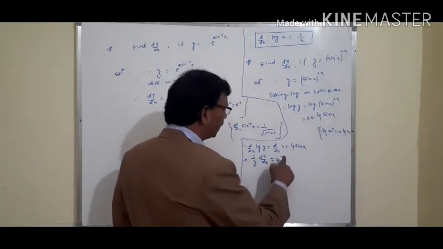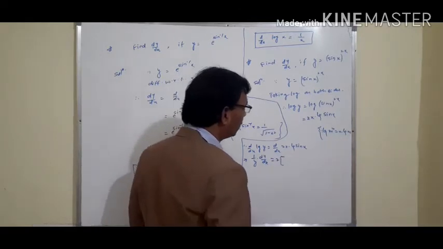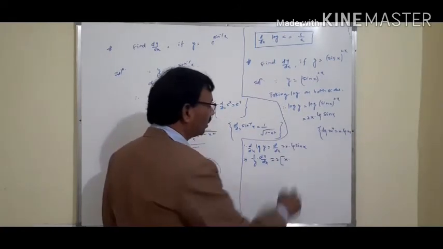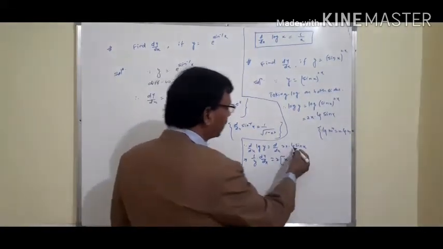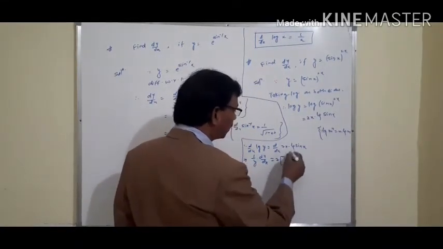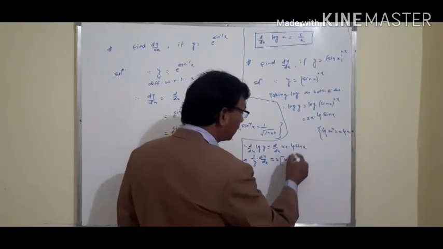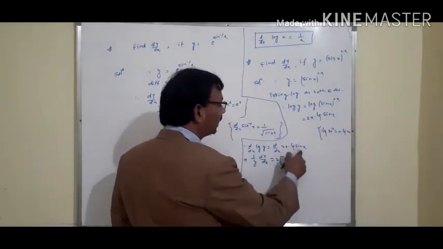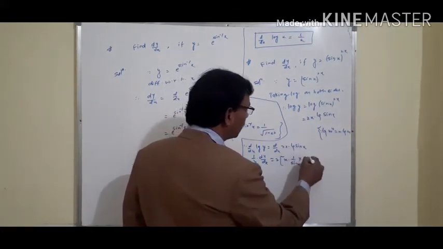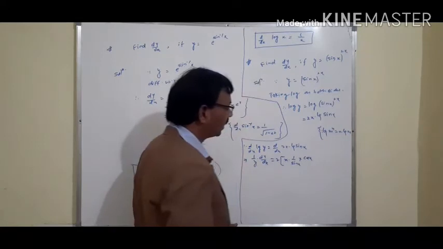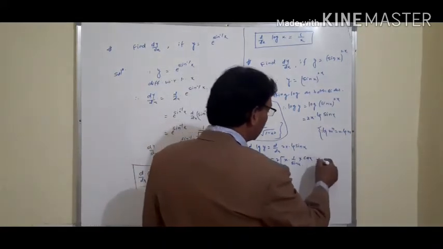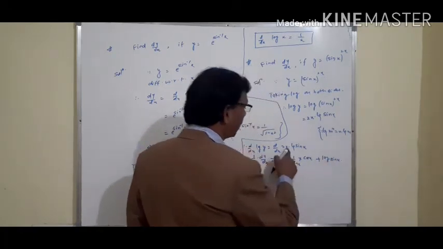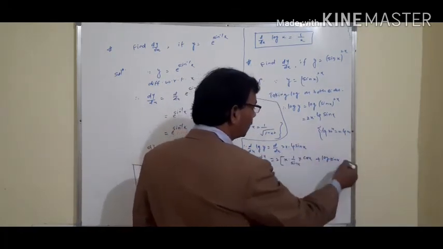So for differentiating we apply the product rule, that means first function into dy dx of second, dy dx of second means log of sine x, so derivative of log of x means 1 by x, that means 1 upon sine of x, into dy dx of sine of x equal to cos of x. This is the chain rule, plus second function log of sine of x into dy dx of first means x, this will be 1.